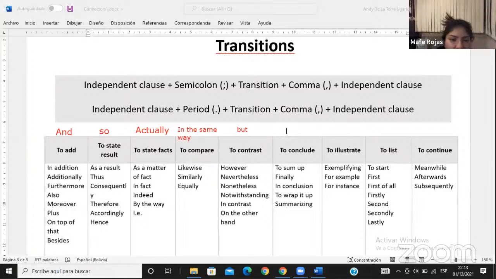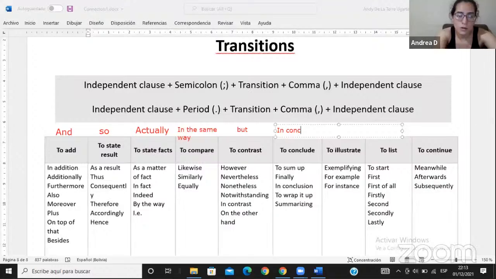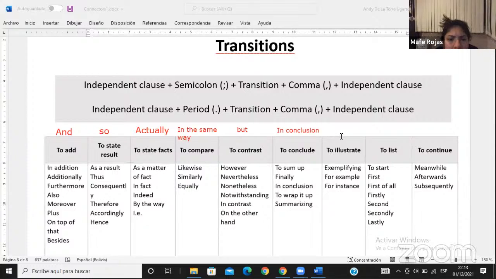To conclude, in conclusion. So it's basically when you're writing a conclusion or you want to sum everything up, like, okay, so bottom line is like the final thing, the summary, in conclusion. So to illustrate is just for example.